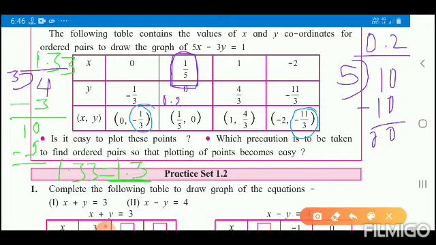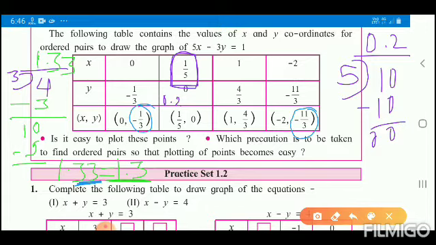First question they ask: is it easy to plot these points? This is not easy, because the positions of the points will not be accurate, because here the process does not stop, meaning these numbers are non-terminating recurring decimals.